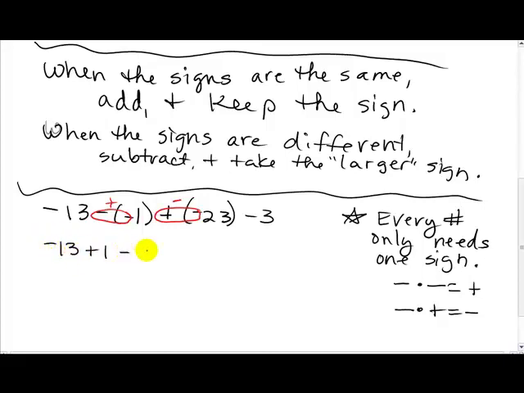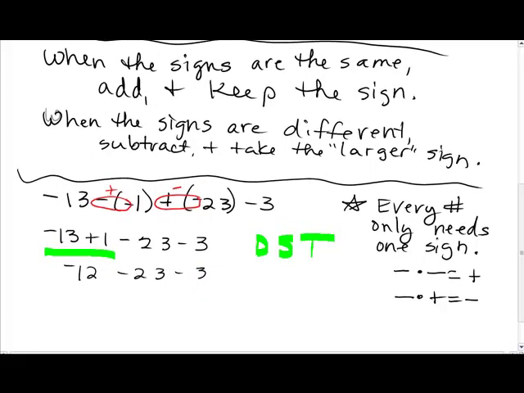It'll look a little bit cleaner with just one sign. Then let's go right to left. These signs are different, so it's subtract, take. So this is going to be 13 minus 1 and take the negative. Everything else just gets rewritten.